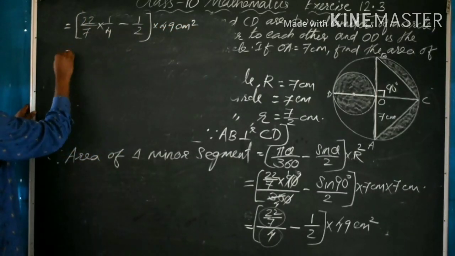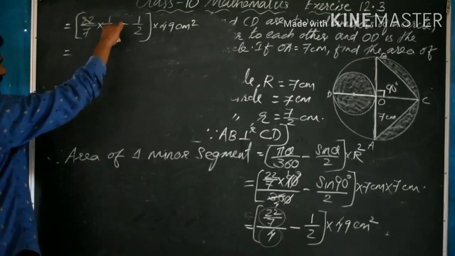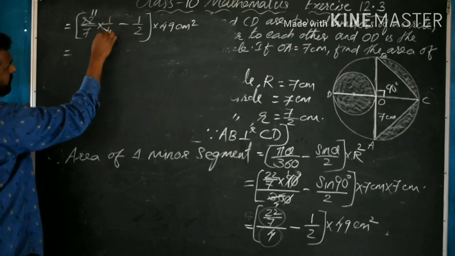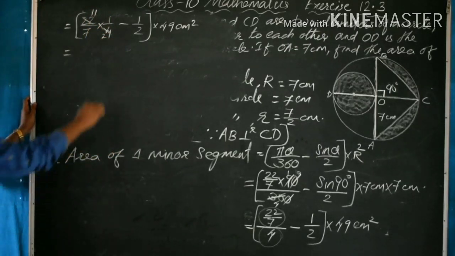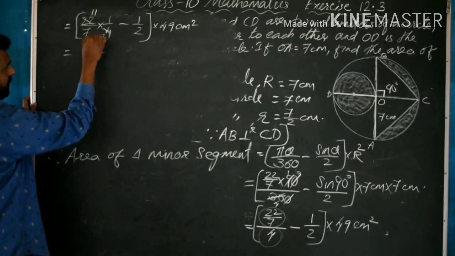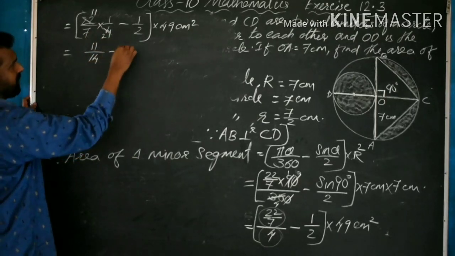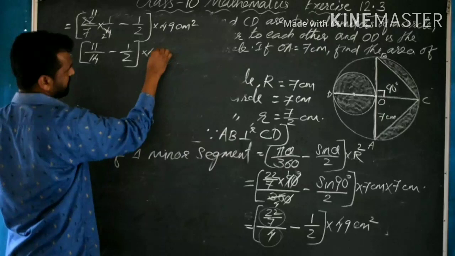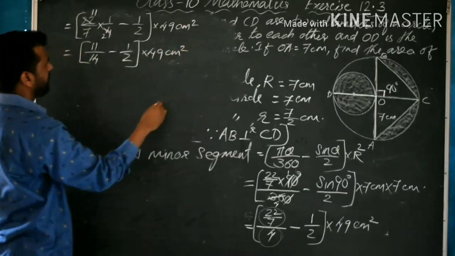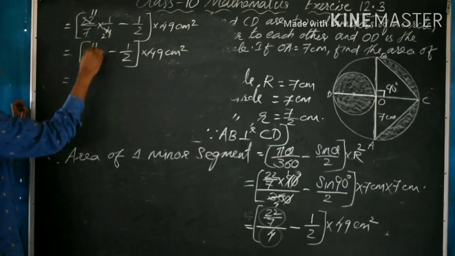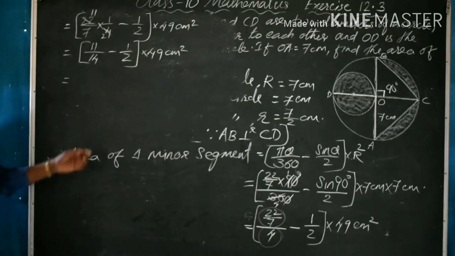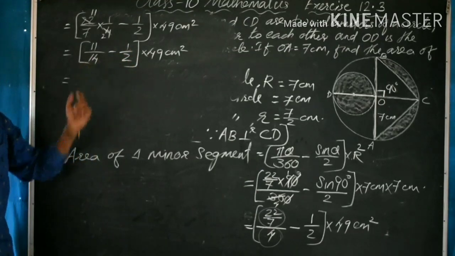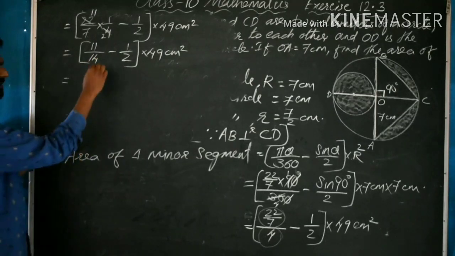Then 22 divided by 4, we can cancel by 2: 11 2s are 22, 2 2s are 4, so 11 divided by 7 2s are 14, minus 1 by 2 into 49 centimeter square. Subtracting two rational numbers, we have to take the LCM, that is 14.